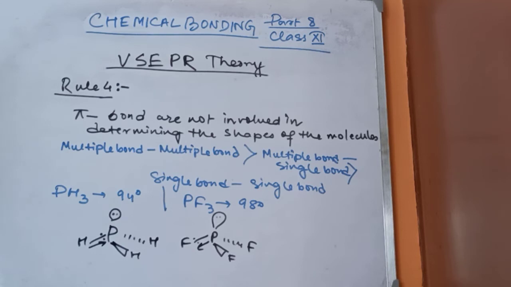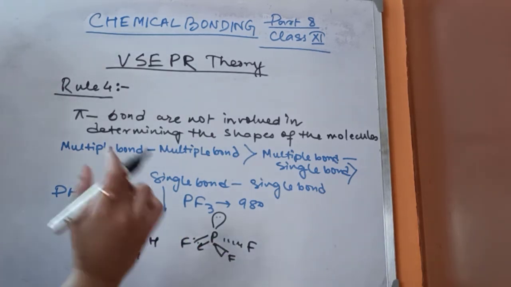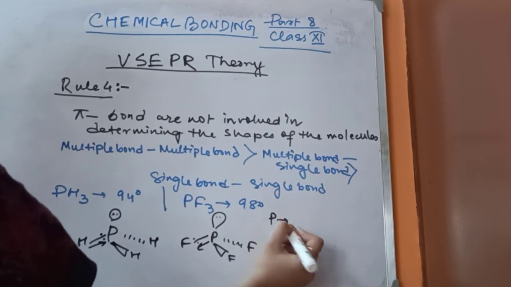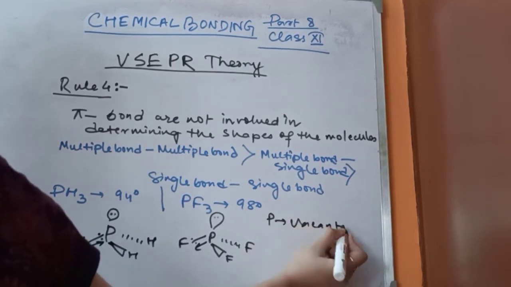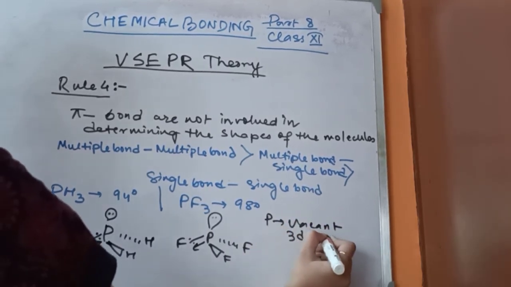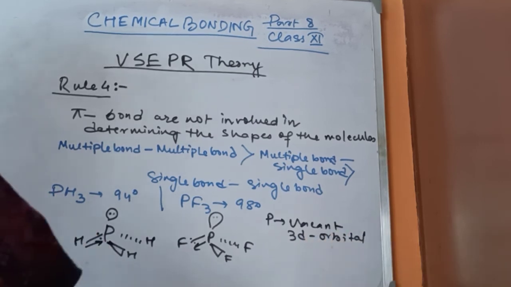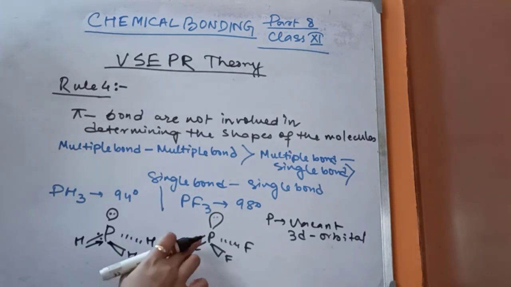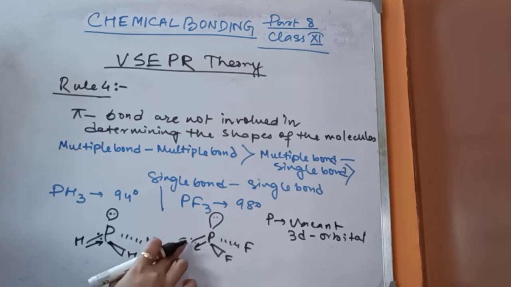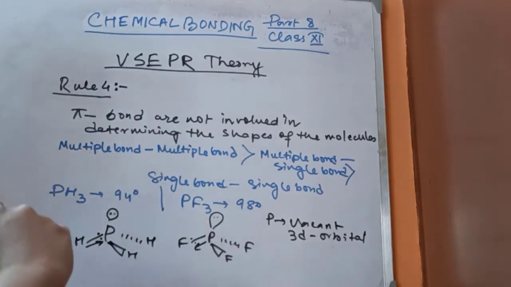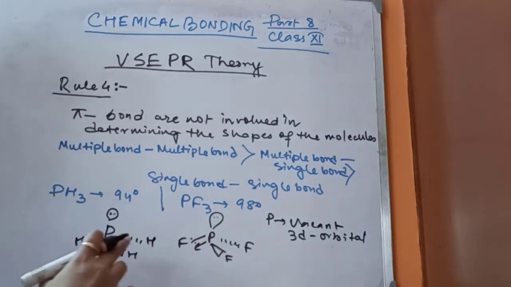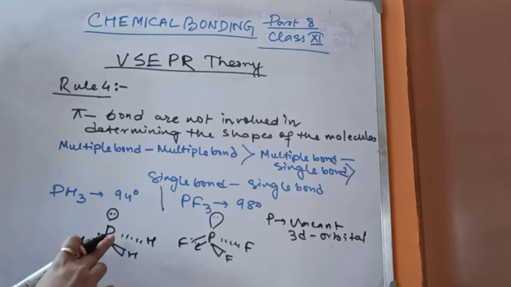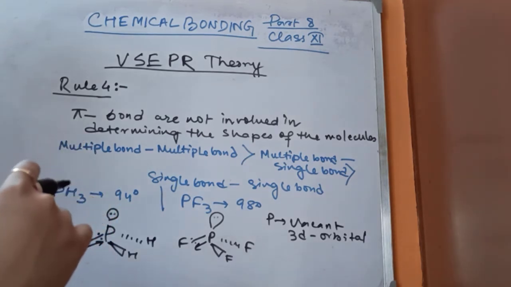Why? Because in phosphorus we have a vacant 3d orbital, or we can say an incomplete 3d orbital. But fluorine has a complete 2p orbital, while hydrogen does not have a complete 2p orbital.